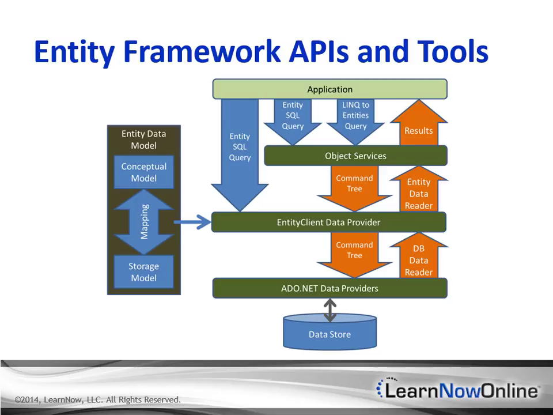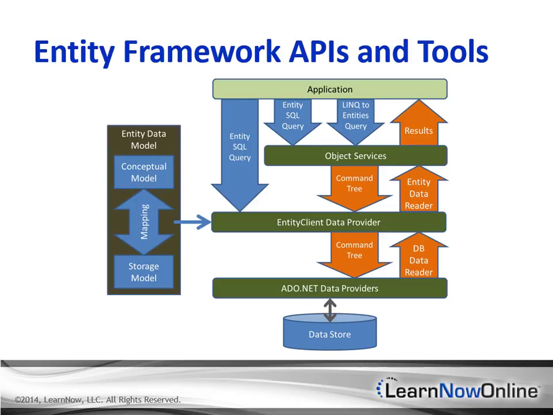So what I'm going to talk about is a general description of how an application uses Entity Framework to interact with data from a data store. The application uses either Entity SQL or LINQ queries to access or modify data. I'm not going to talk a lot about Entity SQL here, but it's a form of SQL that was implemented in Entity Framework, and it provides an alternate way to perform Entity Framework queries.